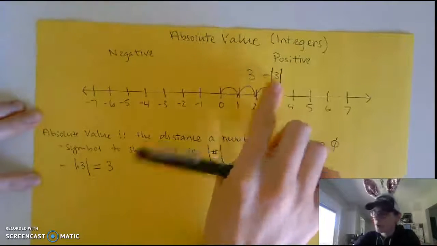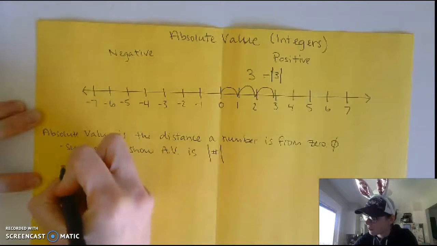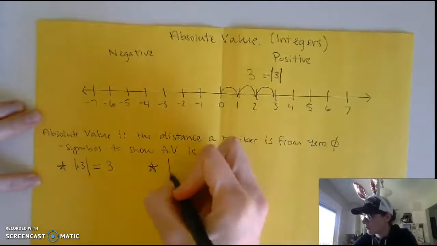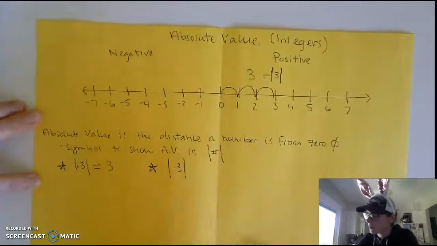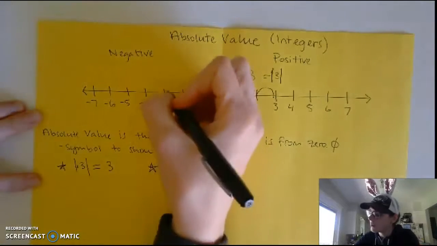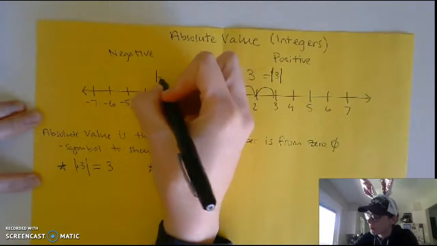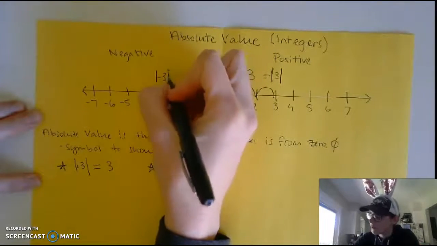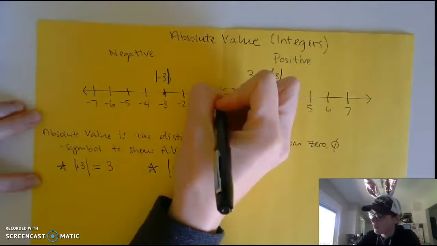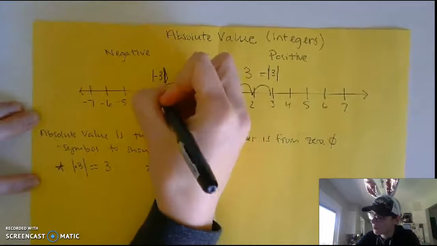So it's 3 away. I should do this as a star instead of a minus. Now I'm going to do the absolute value of -3. -3 is right here, and -3 is also 3 away from 0 because it's 1, 2, 3.